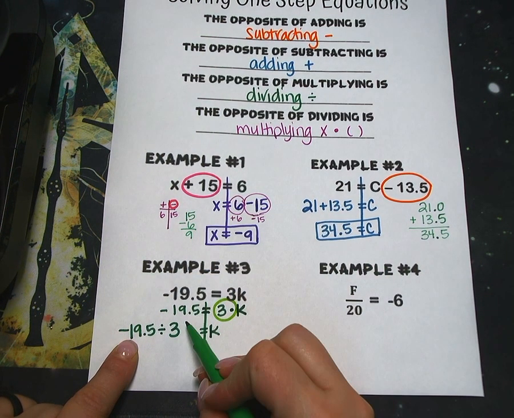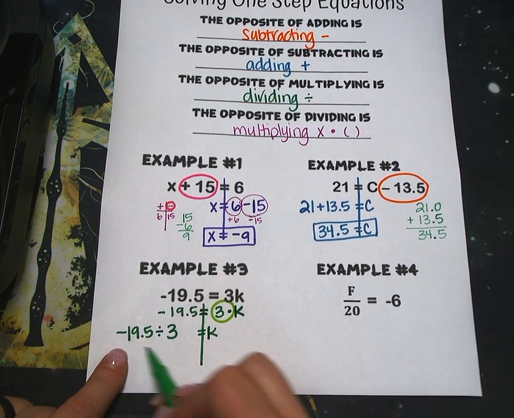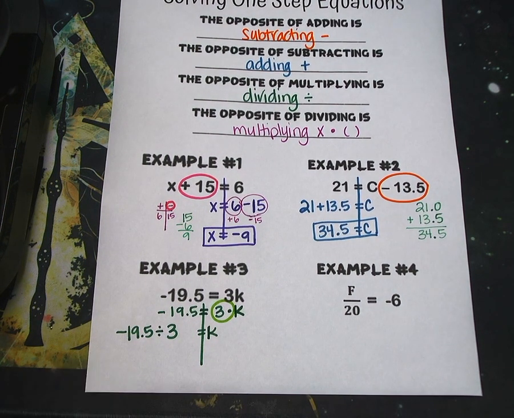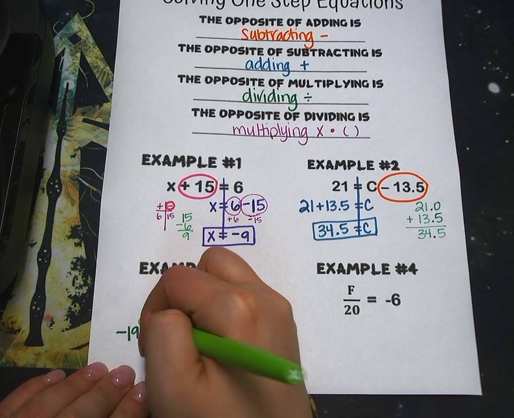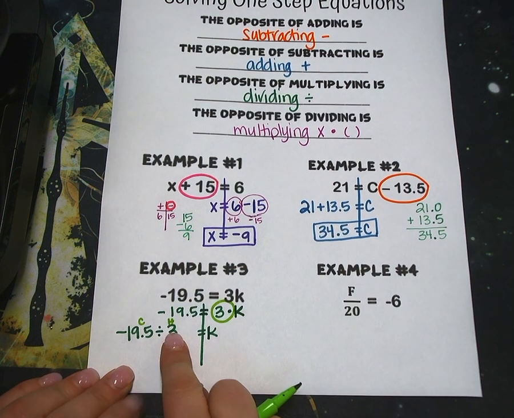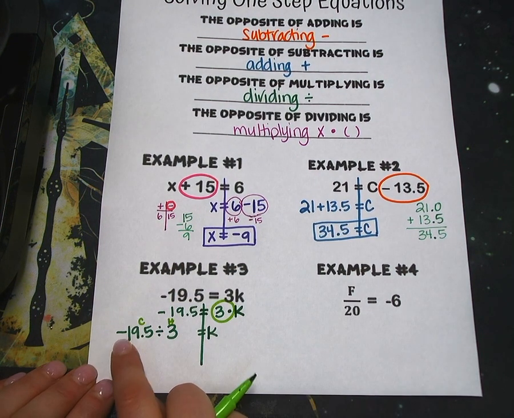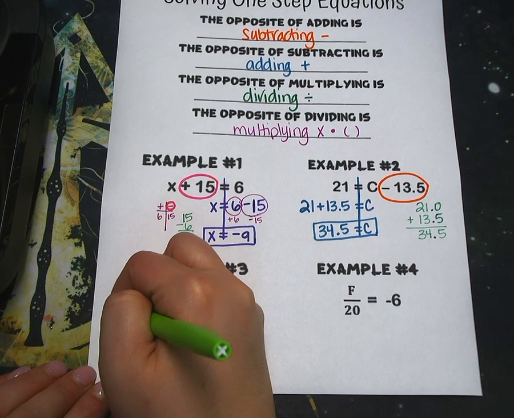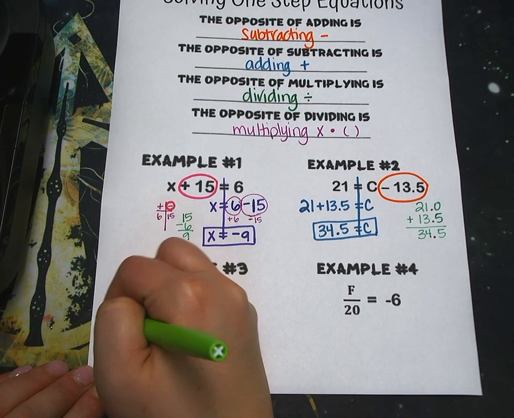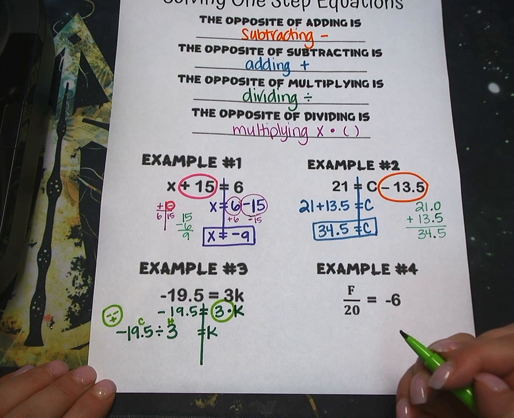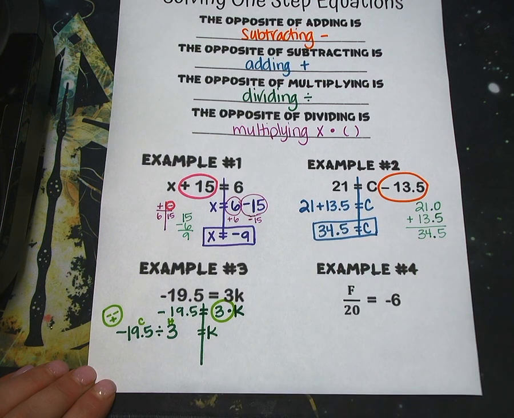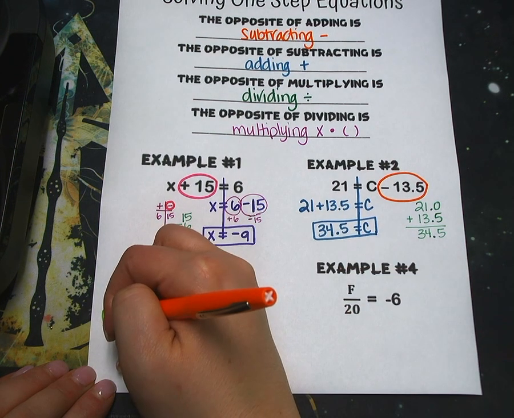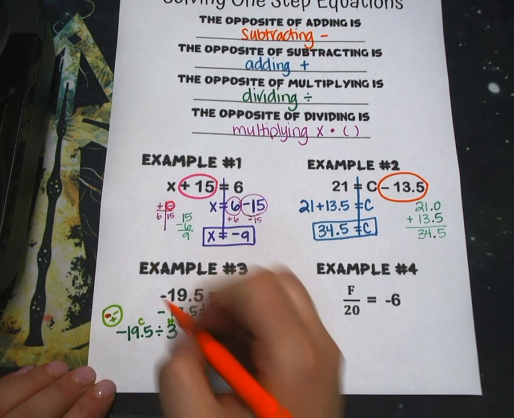So that moved my 3 over, and now I'm ready to cowboy and horse this situation. I label my cowboy and my horse, and I have a negative, so I'm also going to need integer man. Okay, so I know 19.5 is negative and 3 is positive.